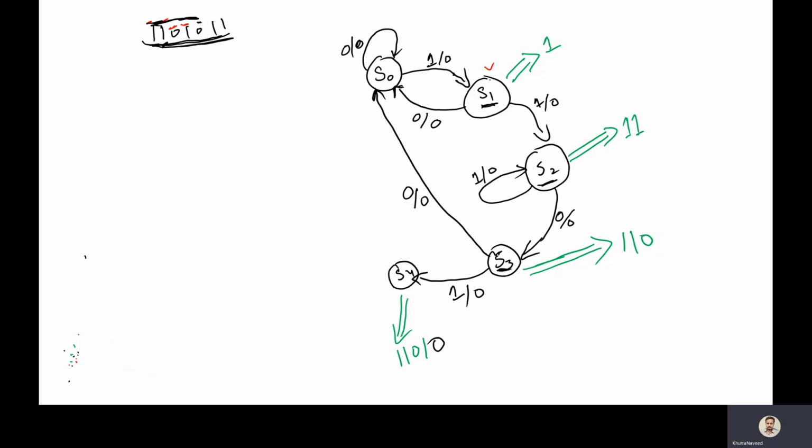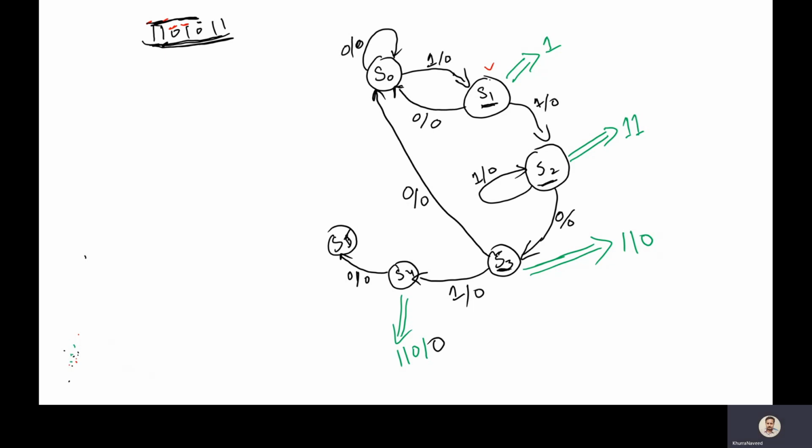That means we need to transition to the next state, and that is S5. So in case of input 0, we will go to S5, that is our next state, and the output is still 0, right?